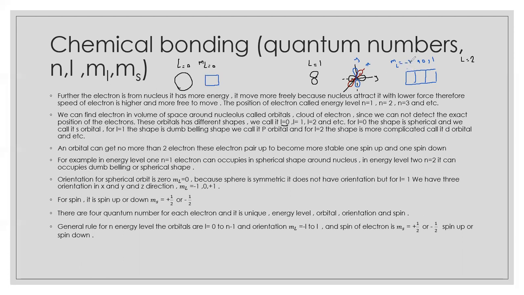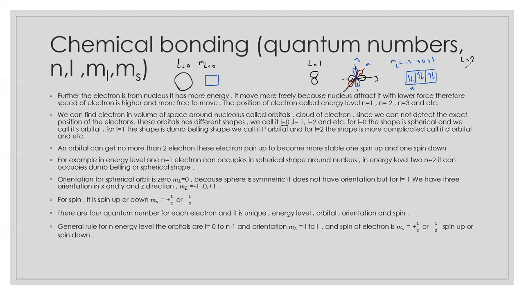So when ml is -1, or the dumbbell is along the x-axis, it could occupy 2 electrons, electron spin up or electron spin down. For 0, the same thing. It can occupy a maximum of 2 electrons, spin up and down. So each of these orientations could occupy 2 electrons.